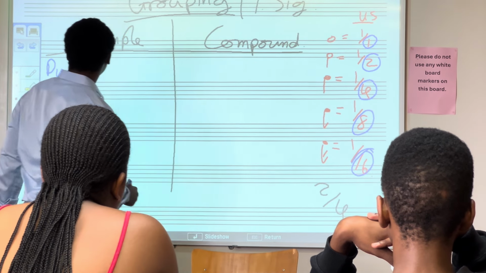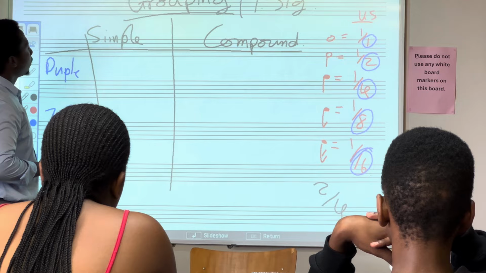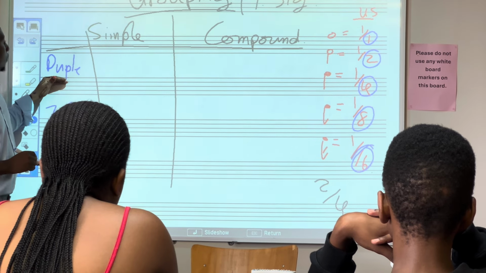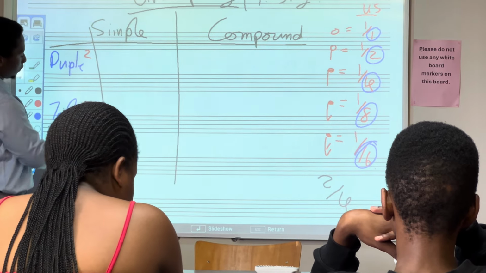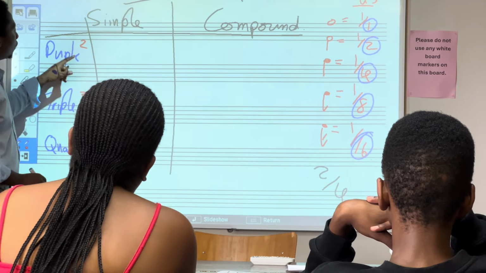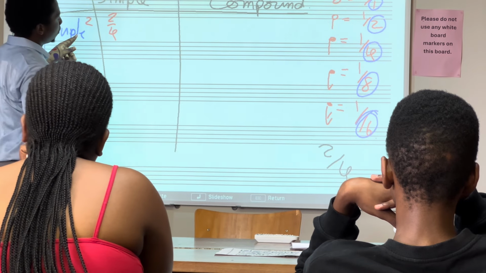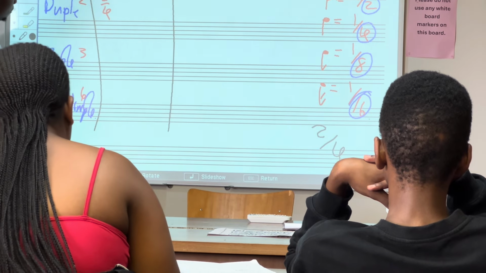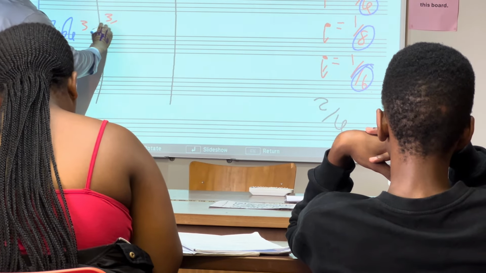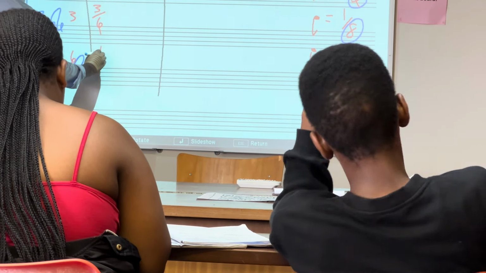It applies here. In simple duple, duple means 2. This means 3, this means 4. Simple duple, I will have 2/4 in terms of time signature. Simple triple, I'll have 3/4. Quadruple, I'll have 4/4.